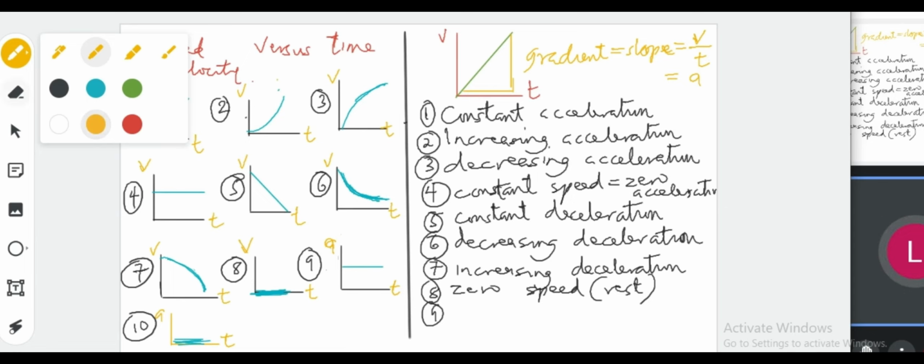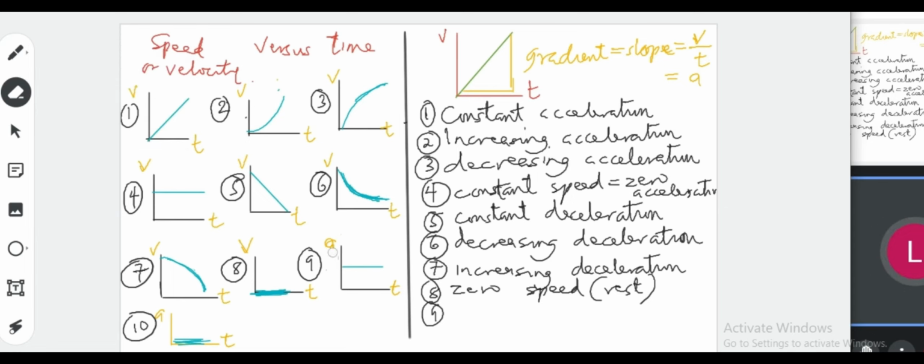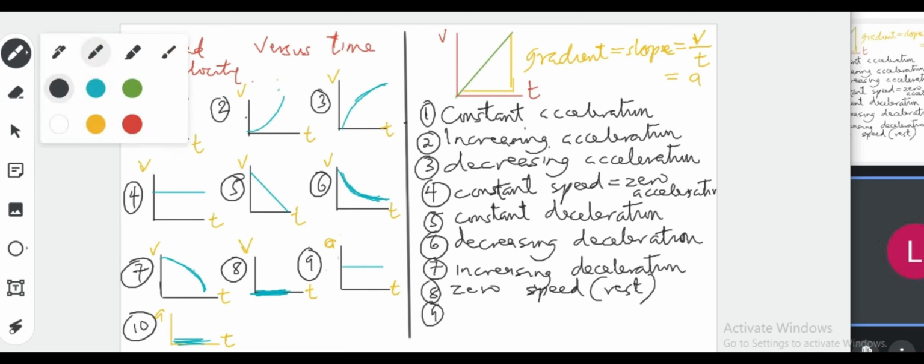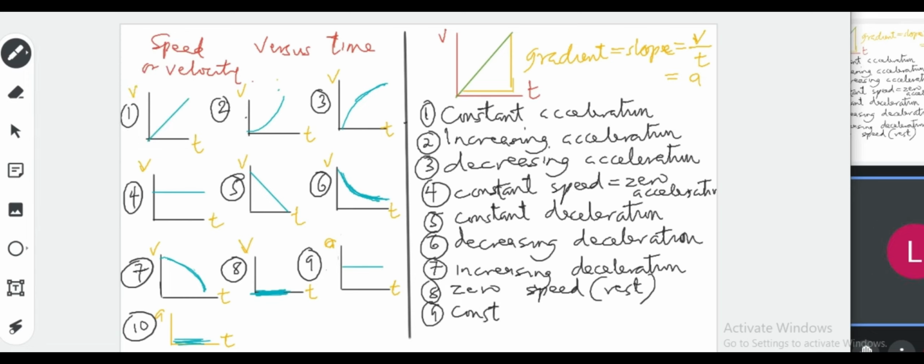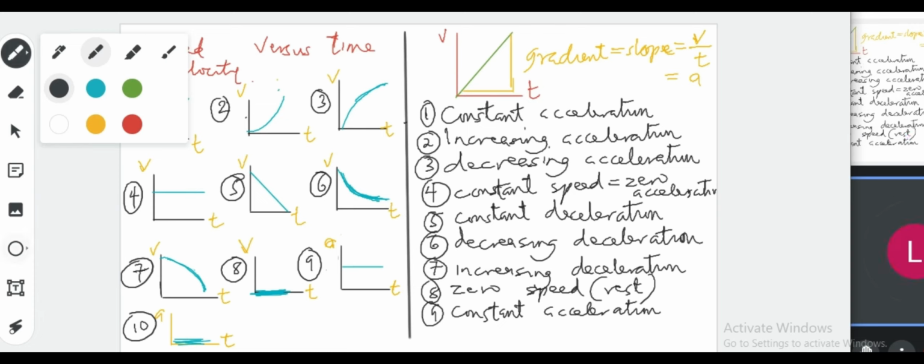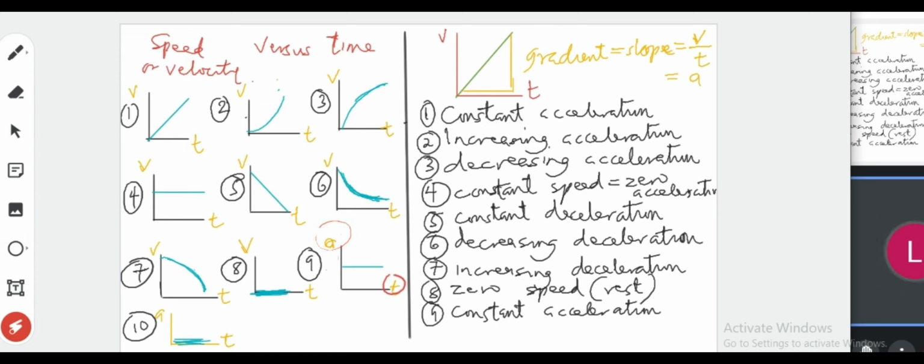Number 9 means constant acceleration, because what you have is an acceleration against time. Assuming the value here is 10, that means it is 10 meters per second squared, constant acceleration.